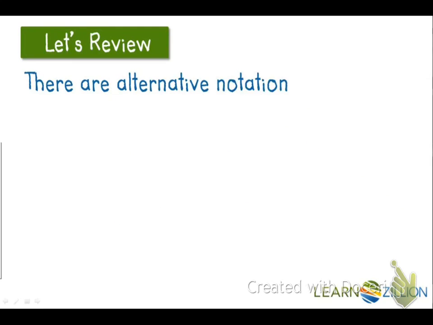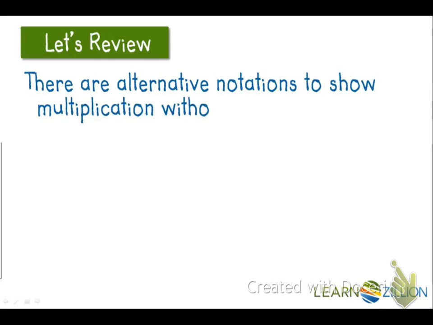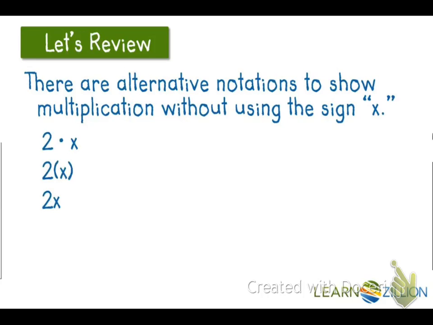Remember, there are alternative notations to show multiplication without using the sign x. There are 3 different ways multiplication can be shown in an algebraic expression. 2 dot x is the same thing as 2 times x. 2 parentheses x parentheses is the same thing as 2 times the quantity of x. And the most familiar is 2 right next to x, which also indicates 2 times x.